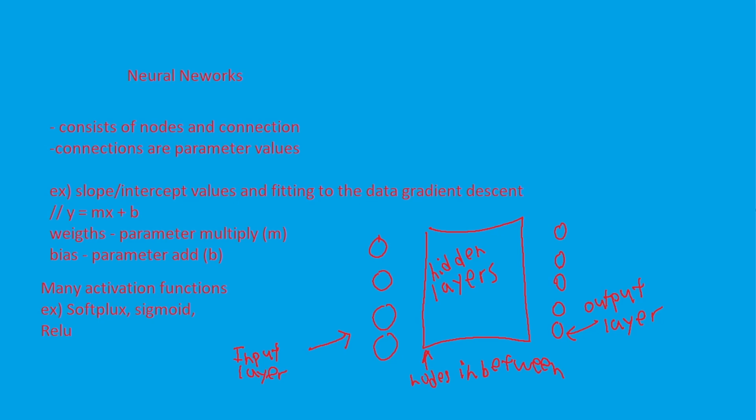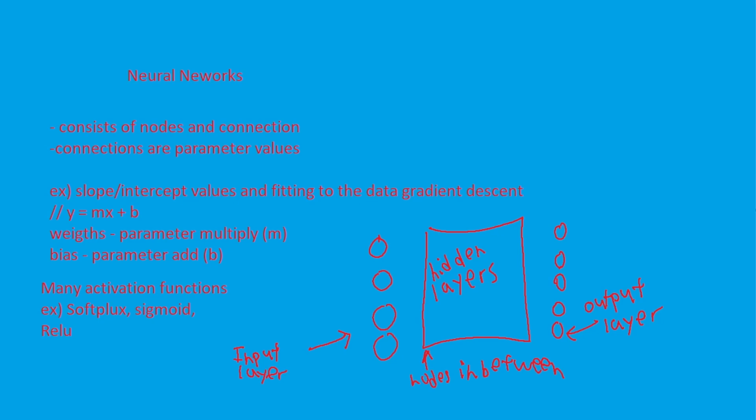So neural networks could be seen as a collection of nodes and the connections between the nodes. Each of these nodes could be represented with a value between 0 and 1, or it could be some random positive or negative integer.